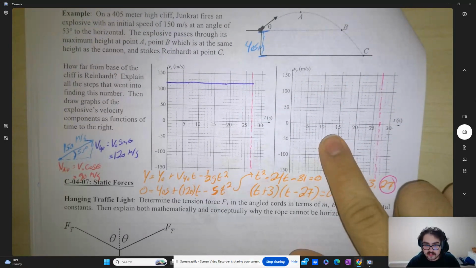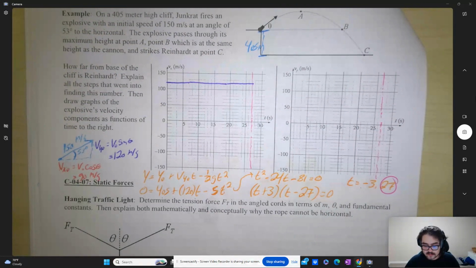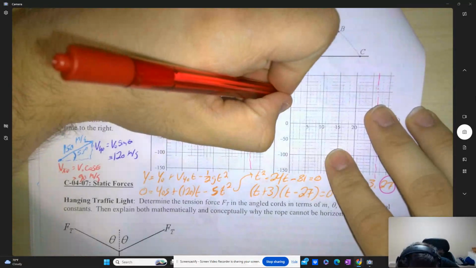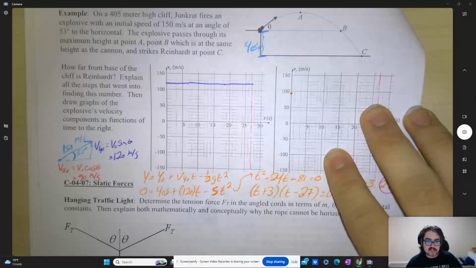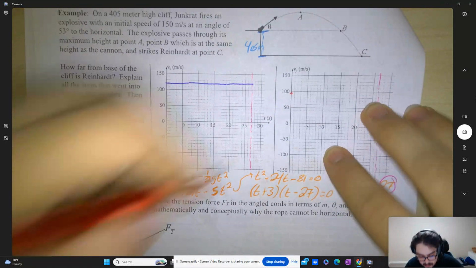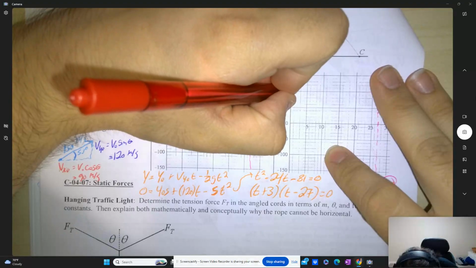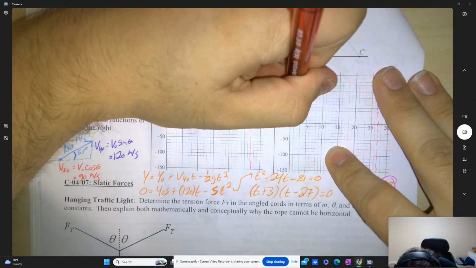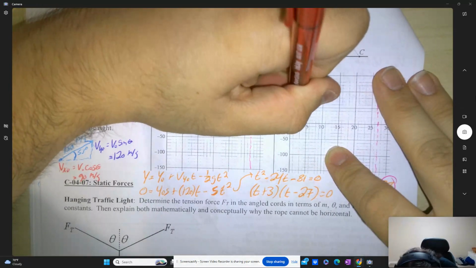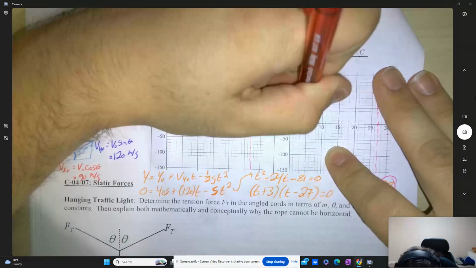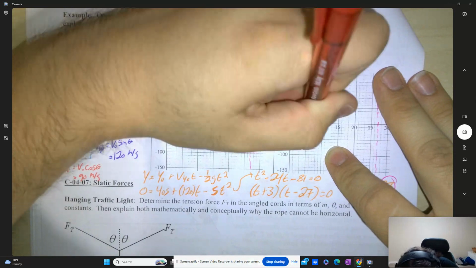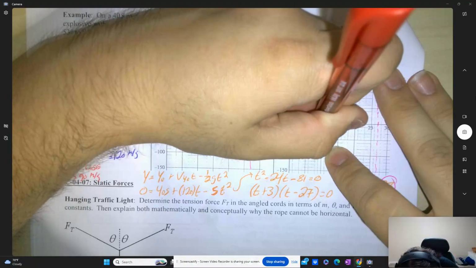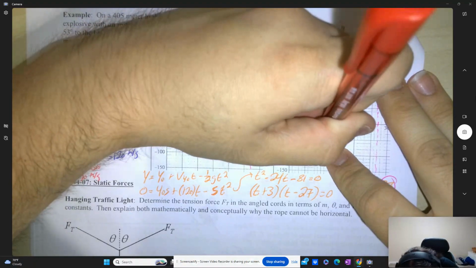For the y velocity, we know that initially we start at 90, which is right here, and then every second we decrease by 10. It's going to look really ugly. I probably am filling this in wrong, but that's okay. It's really hard to see the lines on the graph and how it printed.